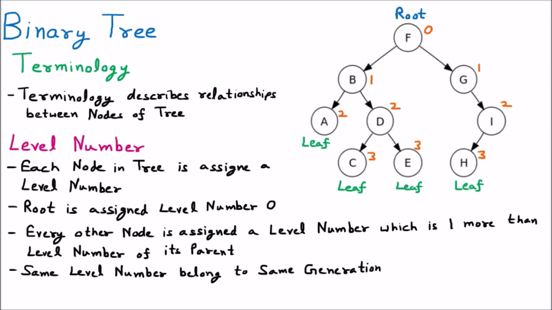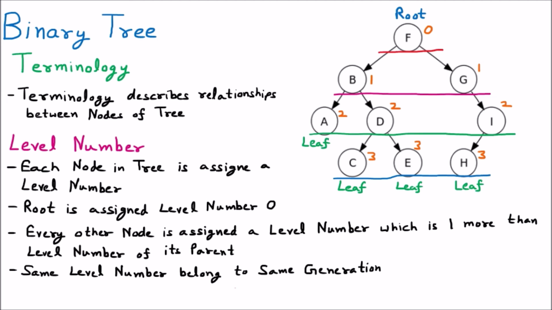If we talk about the third generation, on level 3, the nodes C, E and H belong to the level 3 generation. For the level number 2 generation, we have the nodes A, D and I. The next generation is B and G, which belong to the level number 1 generation, and there is only one node at the 0 level generation, which is the root node F. So these are the different levels of the generations. The same level number belongs to the same generation.